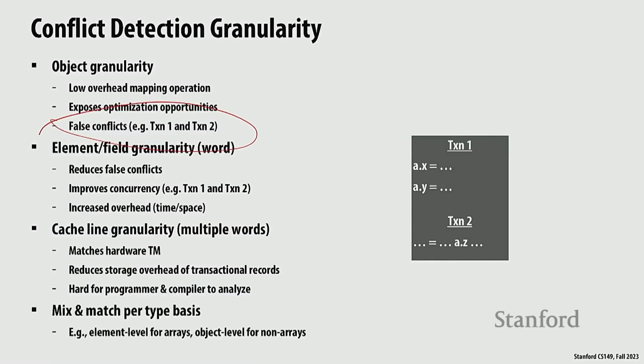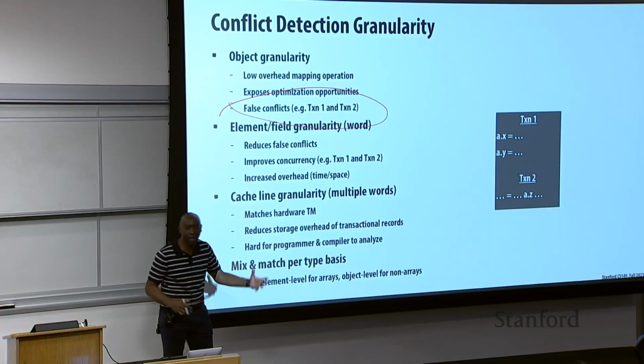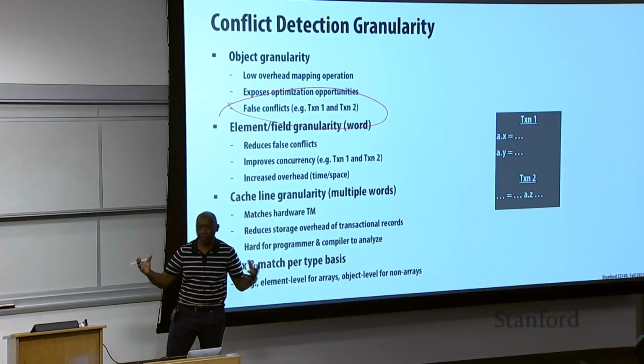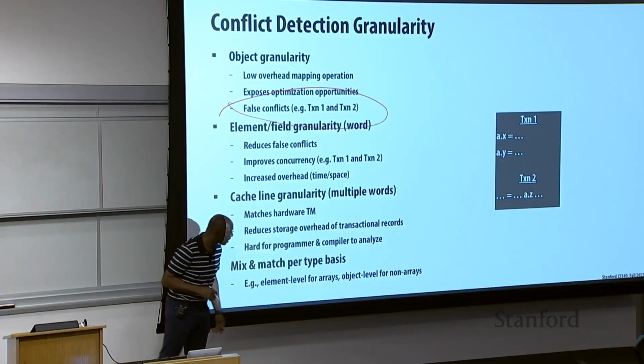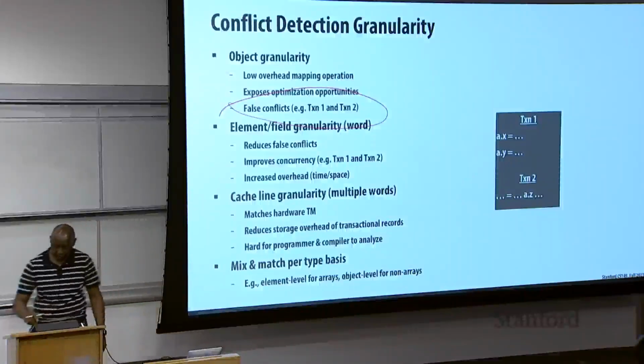And if you're doing things in software, you can mix and match things, right? You might say, for objects, I'm going to do things at the object level, and then for arrays, I might think about doing things at the element level. And this turns out to be a pretty good trade-off.